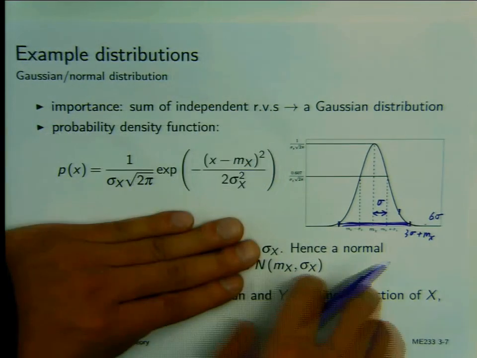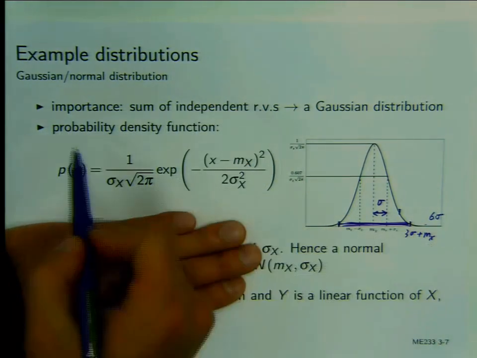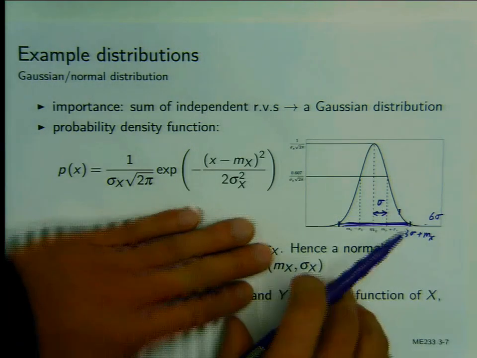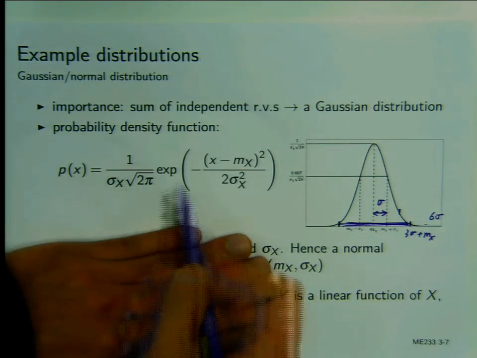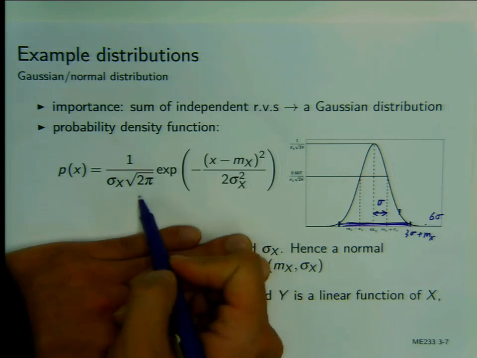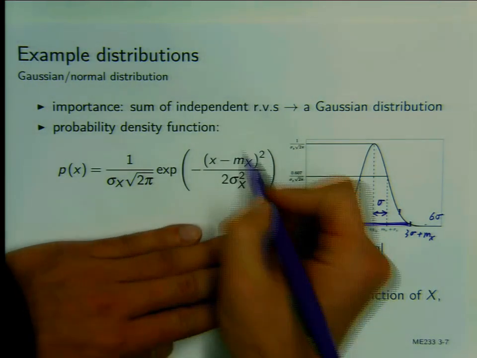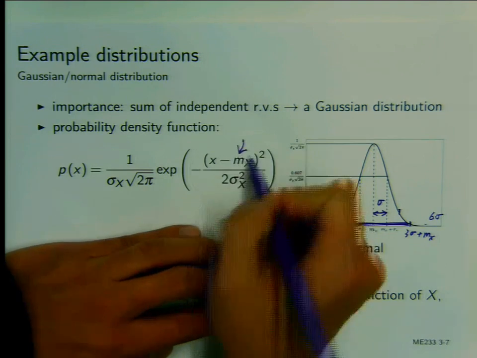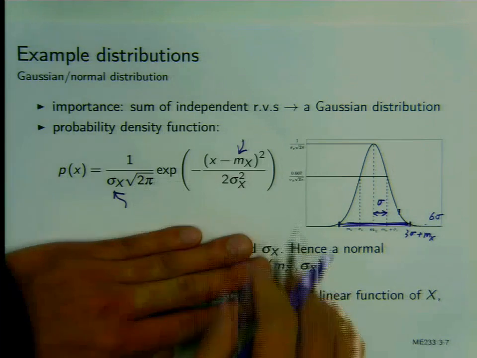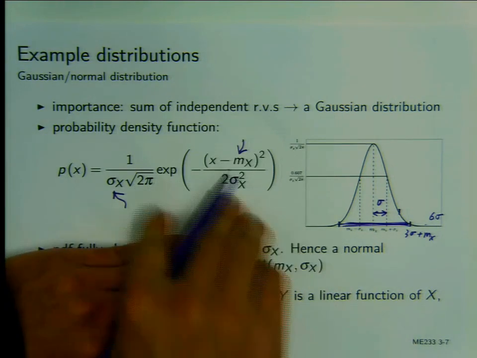Okay, the mathematical description of the PDF for a Gaussian distribution is this. It's an exponential function. It's described like this. Look at this one. It's defined by the mean value and the standard deviation value. Nothing else.